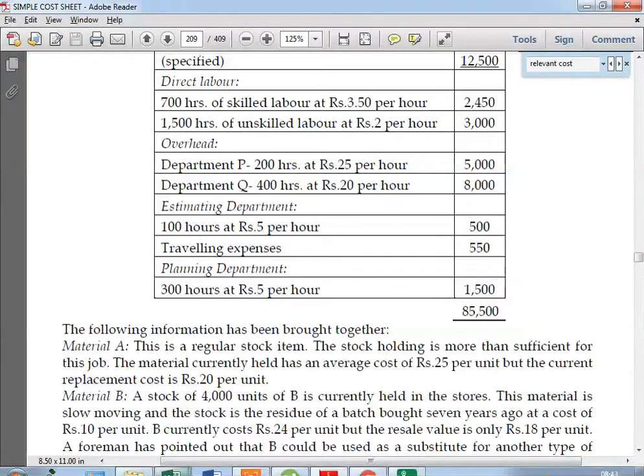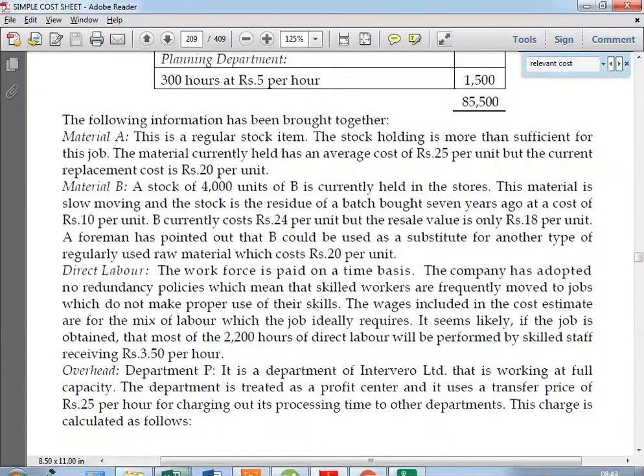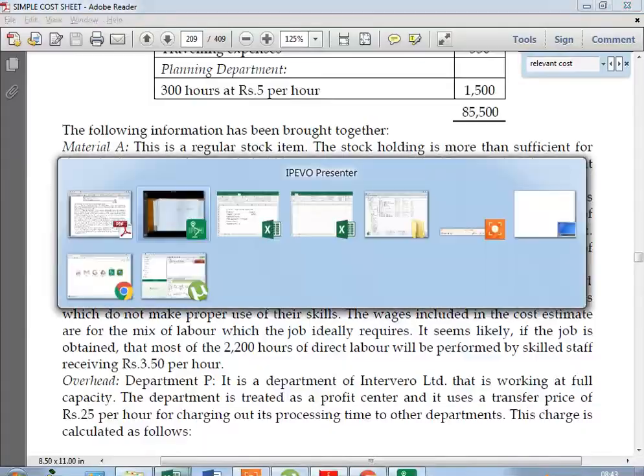The relevant cost therefore is 200 into 25. Sorry, 200 into, how much is the sale value? 30. The relevant cost therefore is 200 into 30.